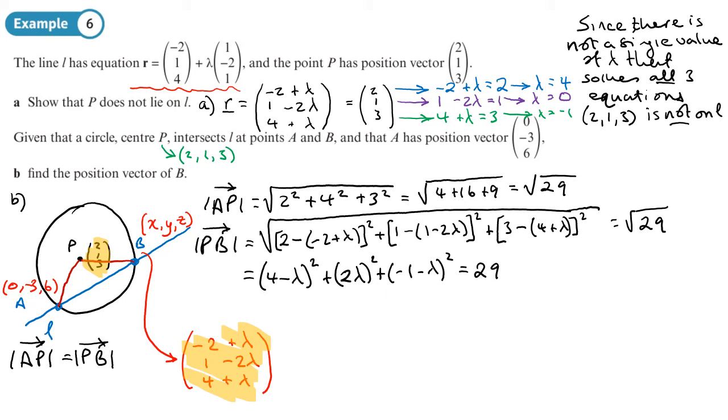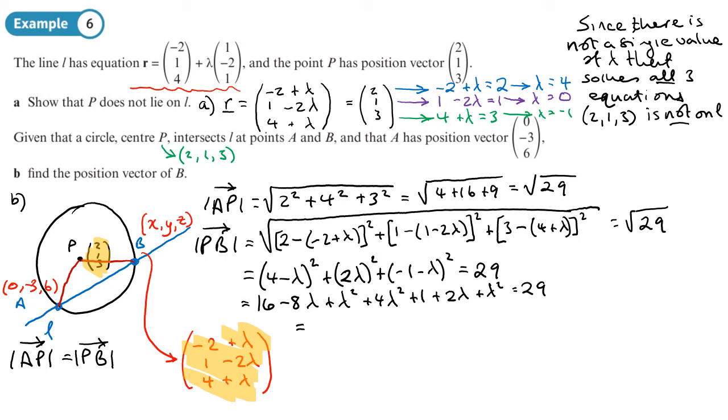So let's multiply this all out. So we'll have 16 minus 8 lambda plus lambda squared, then plus 4 lambda squared, then we'll have plus 1, then plus 2 lambda, and then plus lambda squared equals 29. So we'll simplify this all out.